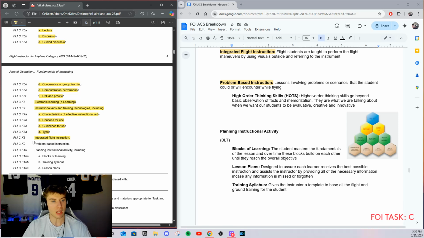Problem-based instruction, so the lessons involving problems or scenarios, back to HOTS like in task B. So that higher order thinking skill, it's using that creativity in their mind, if they have a problem, giving them that scenario where it creates some sort of creativity. Like if I just pull the power and I'm like, okay, what should we do?